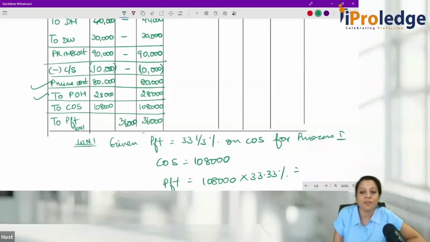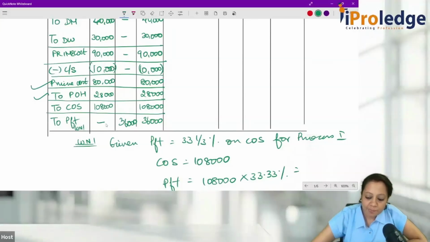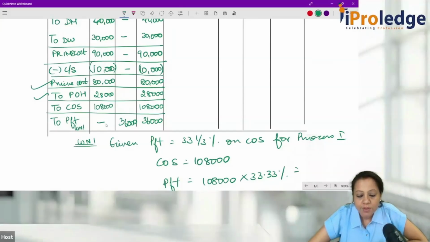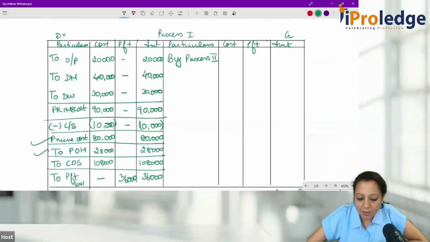I'm entering in the profit column also. We are getting 35,996.4, rounded off I'm taking here. So now can I proceed to the next? Instead of sales, it is going to process 2.